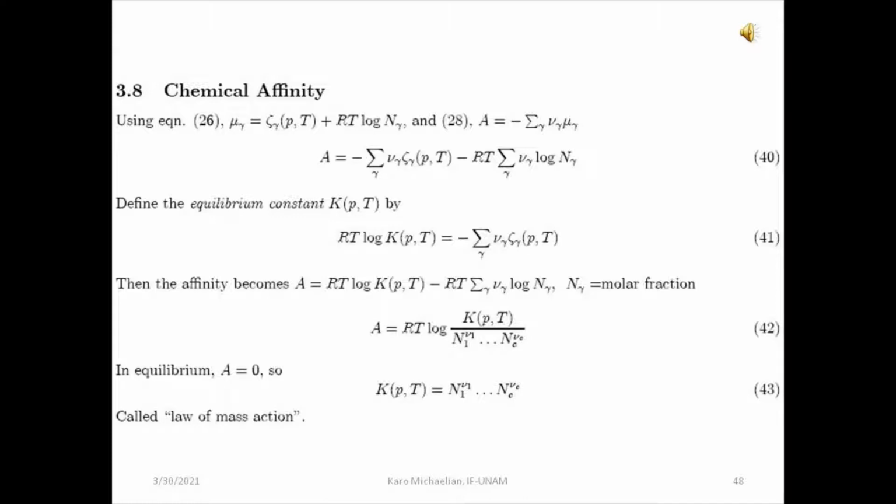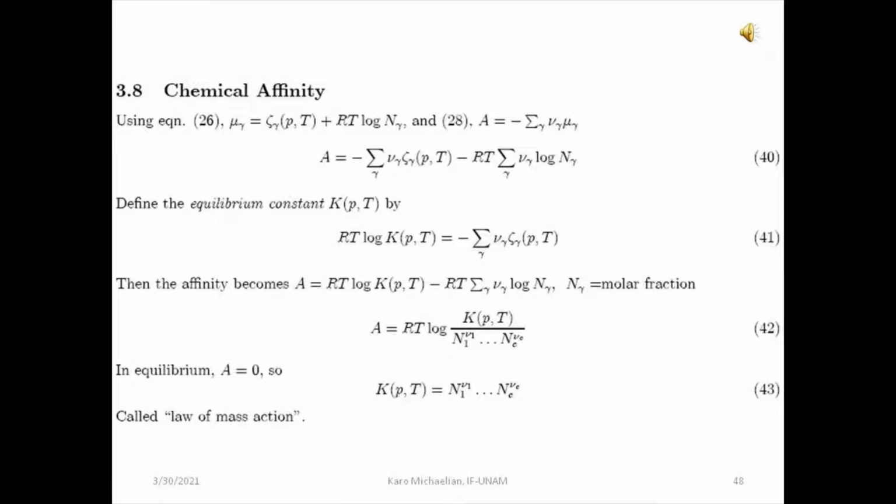Therefore, the affinity takes on this simple form, just RT times the logarithm of the equilibrium constant over the molar fractions raised to their stoichiometric coefficients, each one of them being multiplied by the others.